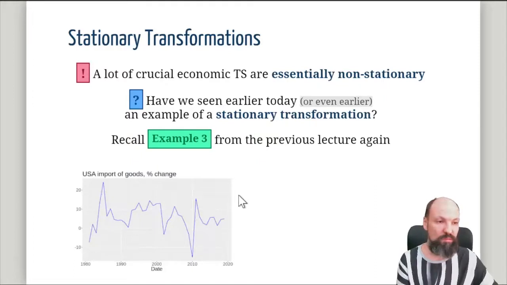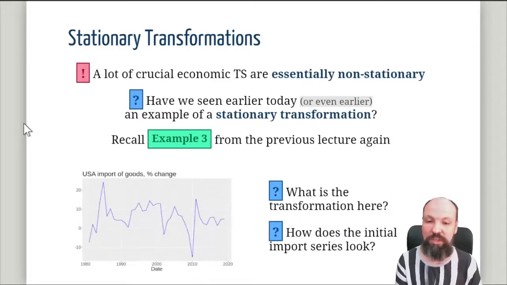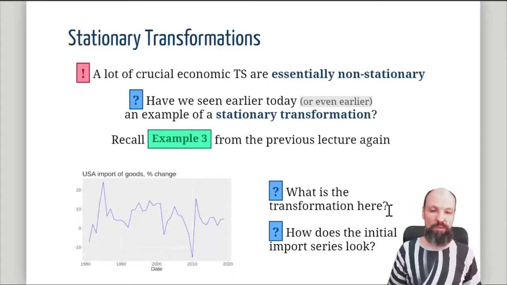So you remember this, I hope. There are two important questions. What is the transformation here that made something that was non-stationary stationary, and what does the initial import series look like? There is percentage change, and it is already obvious that the percentage change is the transformation. This is what transformed a time series that used to be non-stationary into a stationary one, probably.